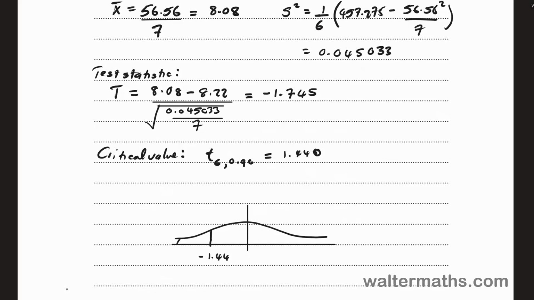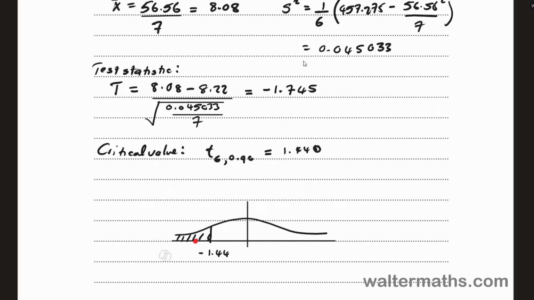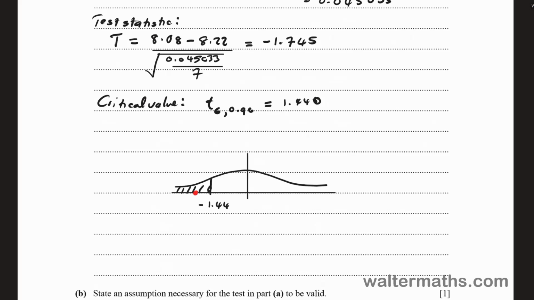And this is 10% of the region. That's the rejection region. The test statistic is negative 1.7, so it's actually in the rejection region. So minus 1.745 is less than minus 1.44. Therefore, we reject the null hypothesis.